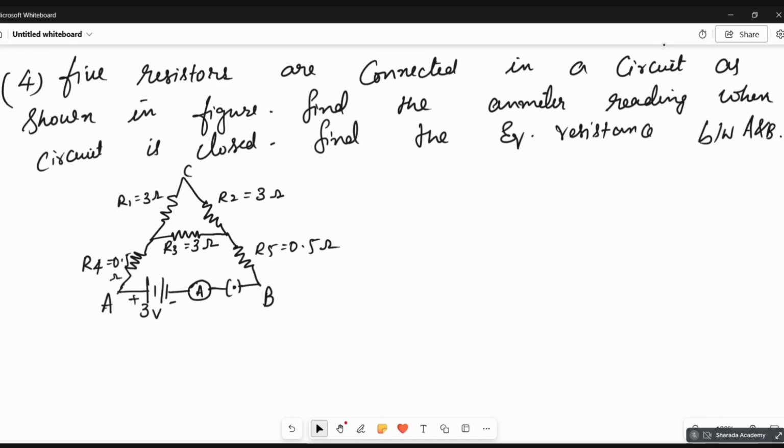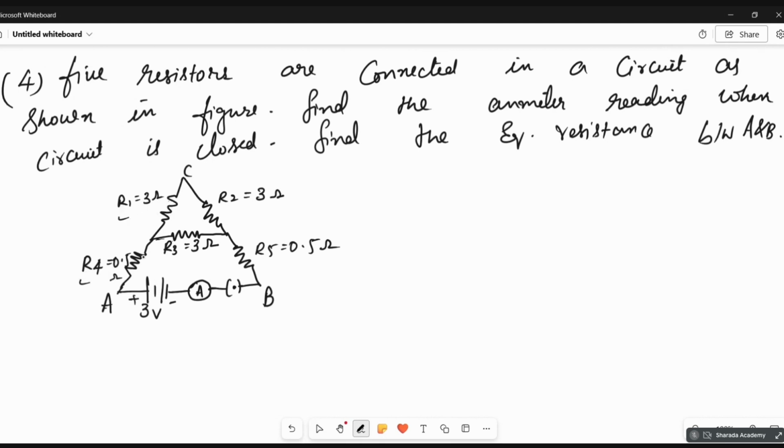This is the given. First, find the equivalent resistance between A and B. What I told, whenever you want equivalent resistance between A and B, from the other end you try to solve. See, if I remove R1 and R2 and put one resistor, where will I connect this lead? It is in between these two. These two are in series, I mean.